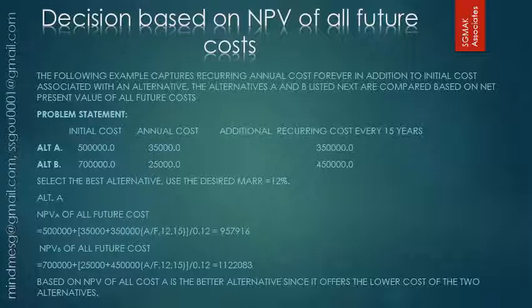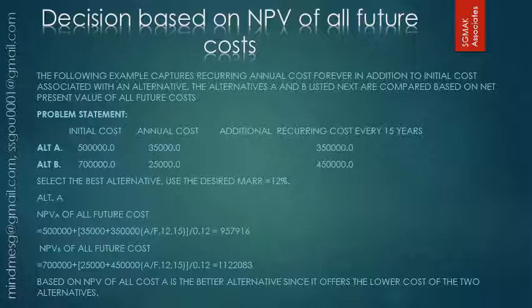For alternative A, the net present value of all future cost is the initial cost right now. Since it's like a capitalized cost, we first convert all future cost into an equivalent uniform annual cost.